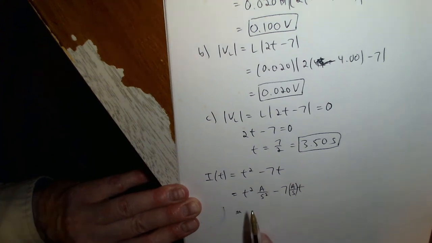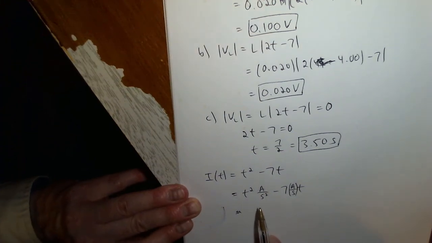So if we wanted to show all units, we would write something like this. The reason is the units of the current are amps. T has units of seconds, so seconds squared has to be canceled by seconds squared to get amps. And here, t has units of seconds, so seconds have to be canceled by seconds to get amps again.